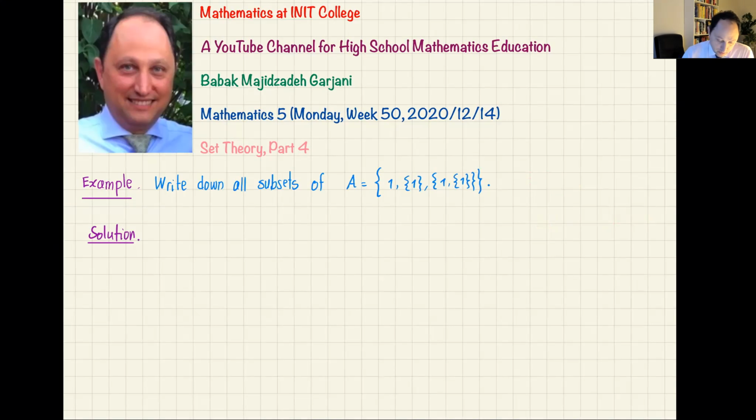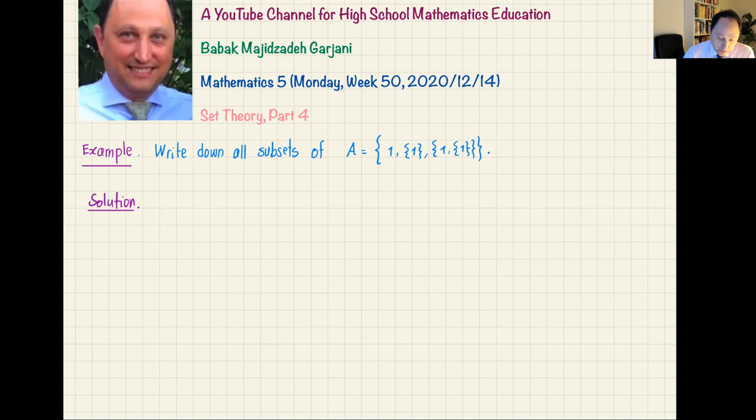Usually, of course, order is not important, but it is better to keep the order to be organized. So the first set that I would write is the empty set. Either you write it with this symbol or you write it in this form, nothing else.